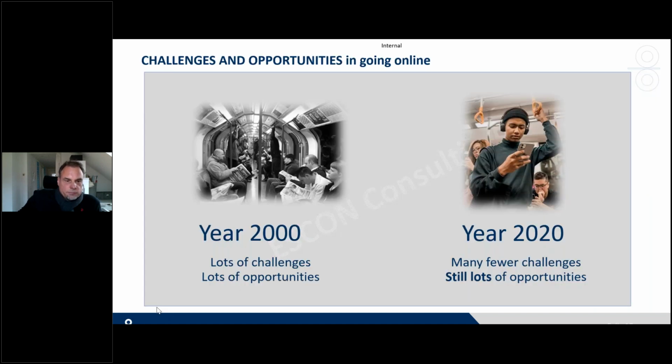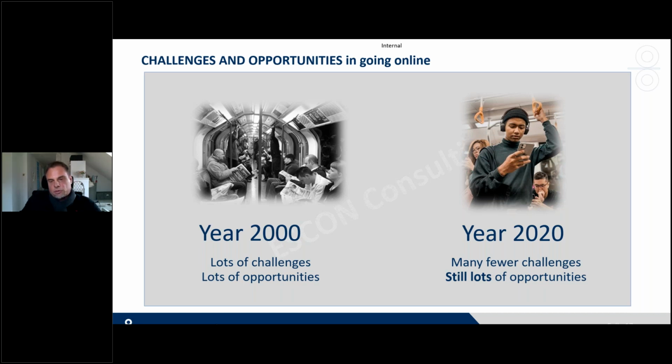On the next slide, you can see two pictures that I like a lot because they show about 20 years of media consumption development. As you know, today if you go in a restaurant, you don't see so many people holding a newspaper or a magazine anymore. Most people have their heads down and look at the mobile phone. The good news is that in the year 2000 we had lots of challenges and lots of opportunities, and we still have them 20 years later.